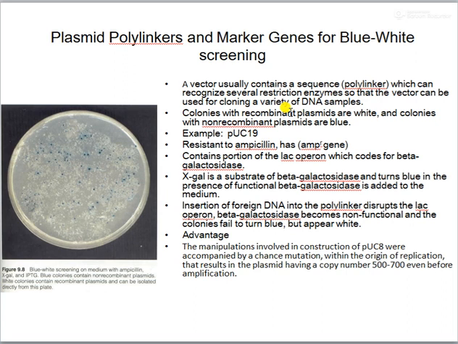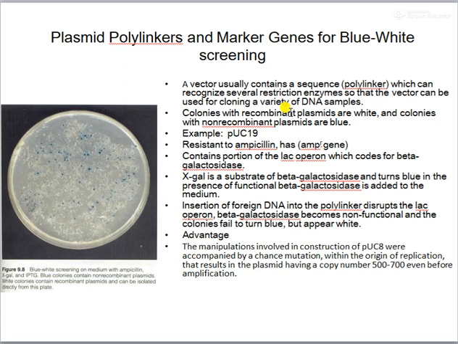Into the pUC vector you can add DNA samples, and if the pUC vector without a gene of interest goes into a host and gets transformed, all those cells will attain a blue color.